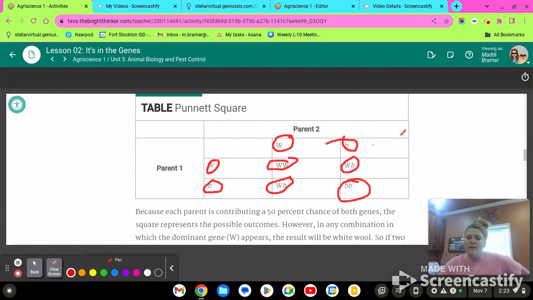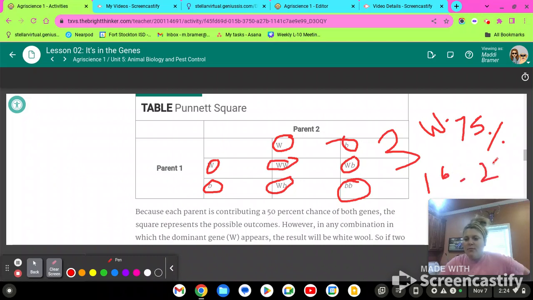So from this, we see that since we had 3 where the white was dominant, that's going to be a 75% chance that we're going to have white wool. And we had 1 that was recessive, so we're going to have a 25%, excuse my writing, that it's going to have black wool.